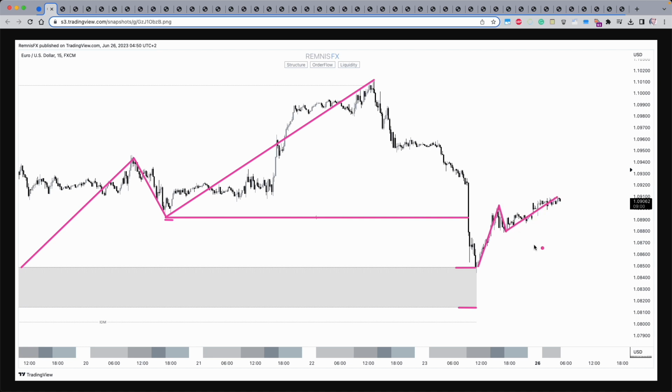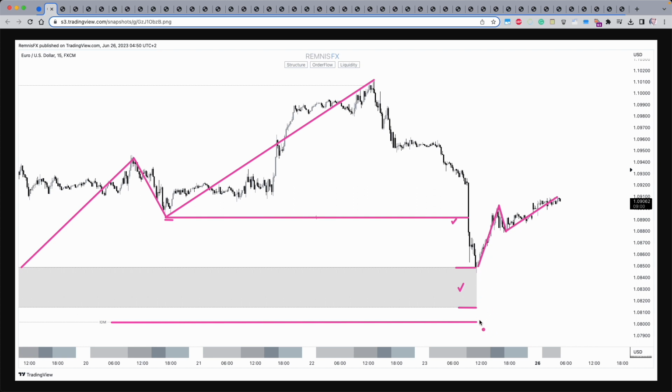So I thought, okay, we have liquidation, check. Mitigation, well, not actually mitigation, because mitigation to me would indicate a close within the POI, so let me call it a retest.